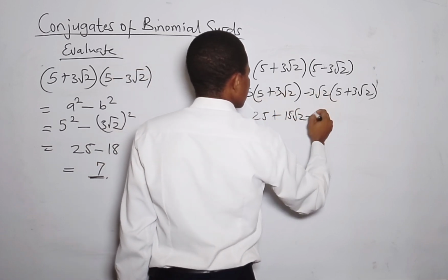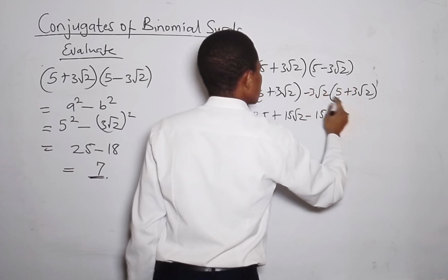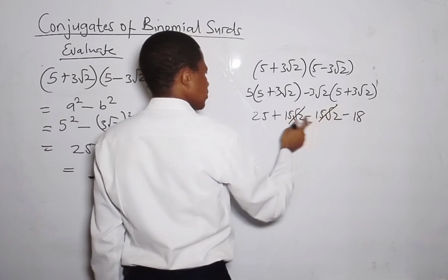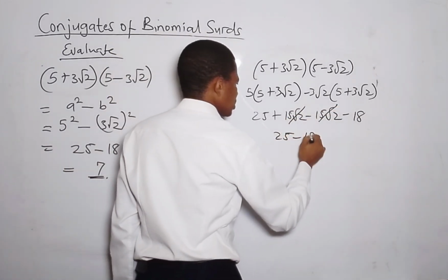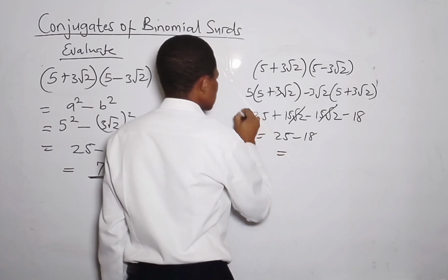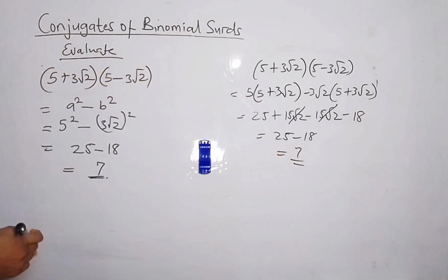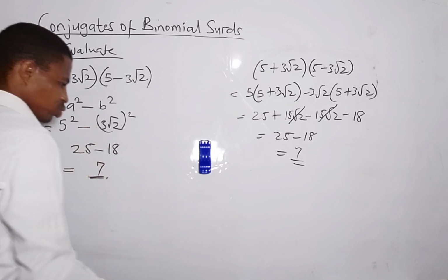Then 3 root 2 times 5, that's 15 root 2. Then minus times plus is minus: 3 times 3, 9. 9 times 2 is 18. We cut 15 root 2 minus 15 root 2, that's 0. So we have 25 minus 18, which gives us 7. We have 7 here, and 7 at this other side. So when we have conjugate surds multiplying themselves, it gives us a difference of two squares.